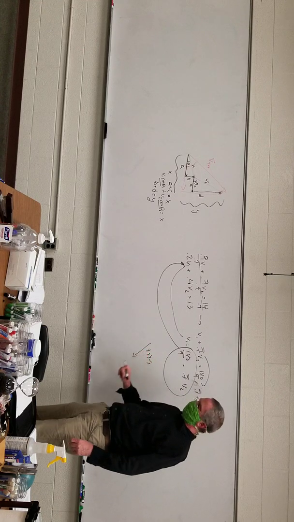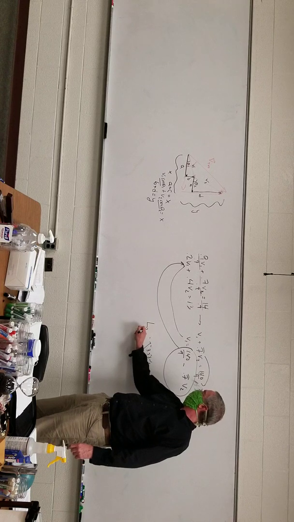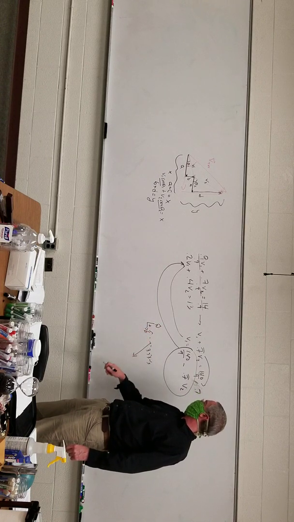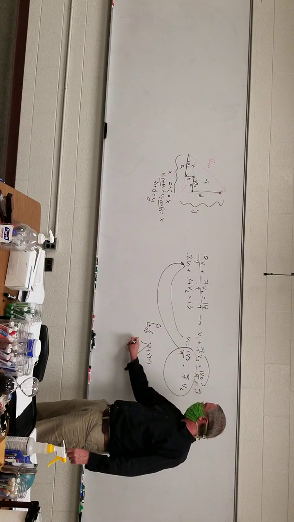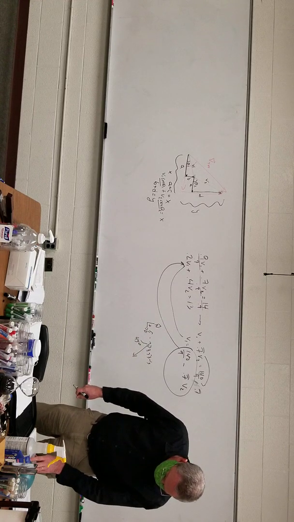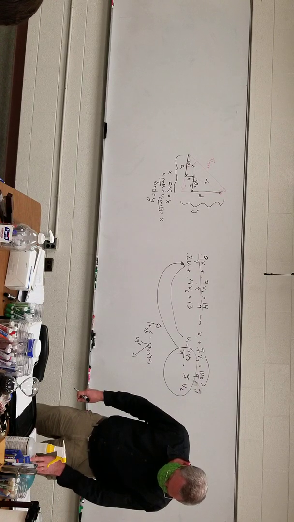East, north, we'll make this positive. What the heck, we'll make them unit vectors. And this angle right here is 45 degrees. Allen encountered a headwind of 2 meters per second, almost precisely the opposite direction of his motion relative to the Earth. What's his average velocity relative to the air?